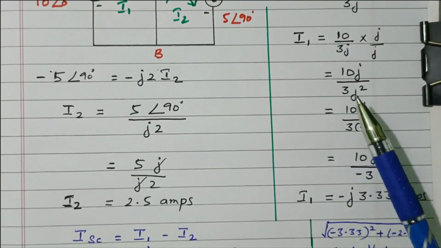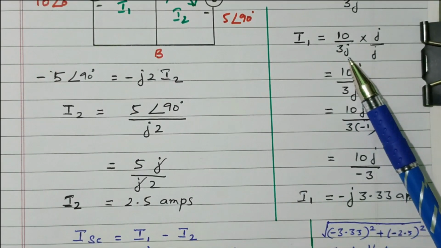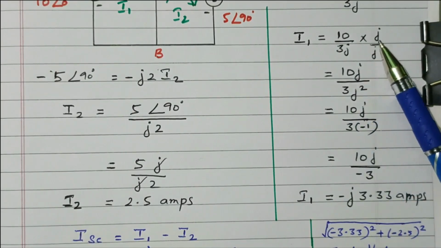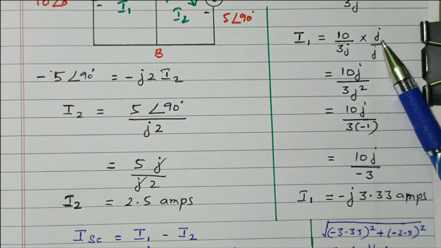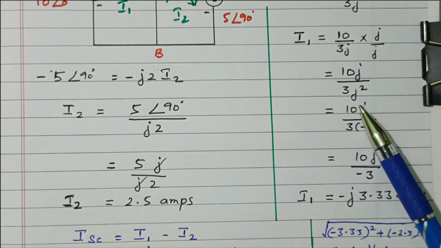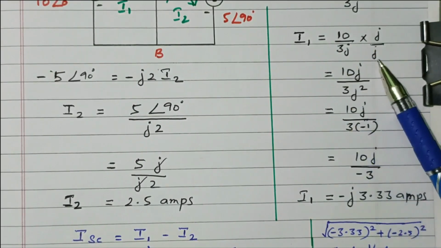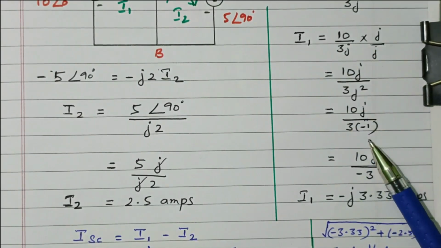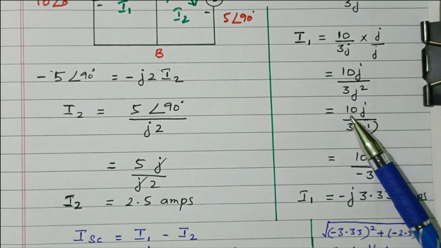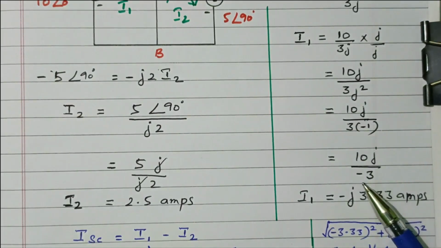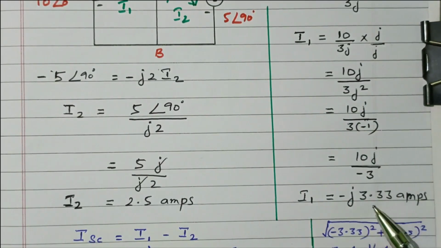To remove the complex parameter J from the denominator, we multiply and divide by J, so that 10J divided by 3J squared. We know that J squared value is minus 1. So 10J divided by minus 3, that is nothing but 10 divided by 3, which is 3.33. So minus J 3.33 ampere. That is the value of I1.